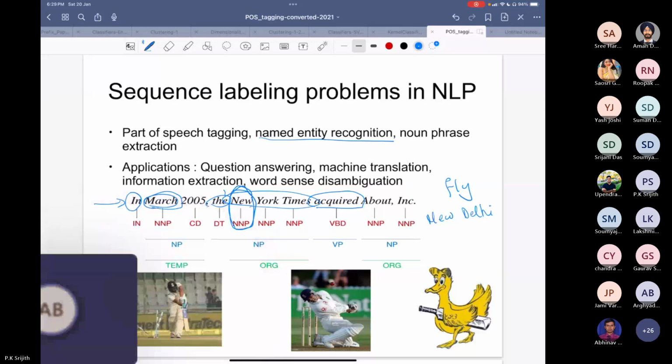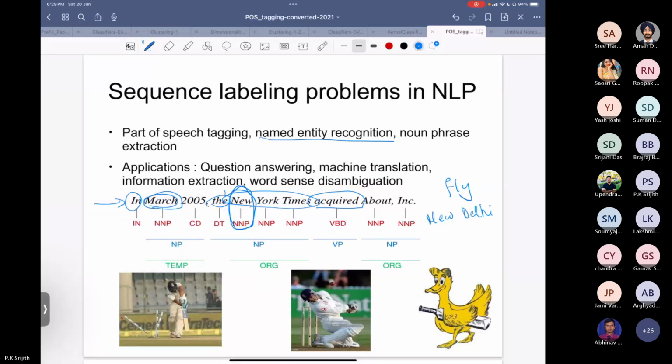Sir, it is still visible. We can still see half of the window. I think now I removed it. Now it's gone, sir.